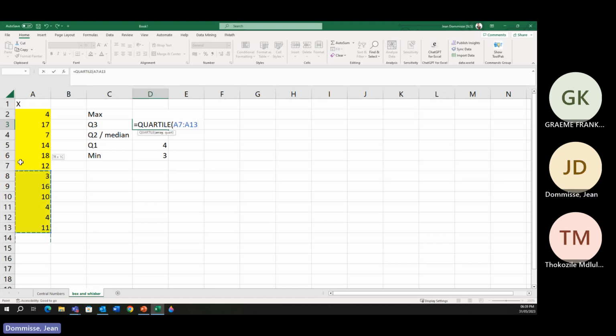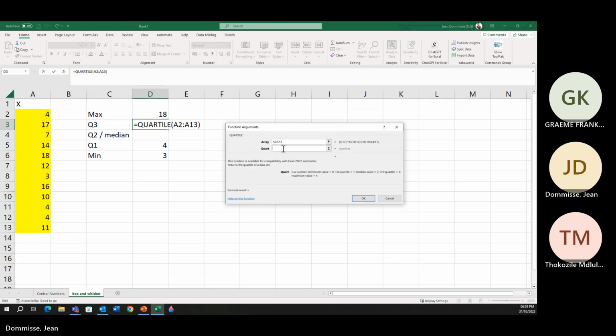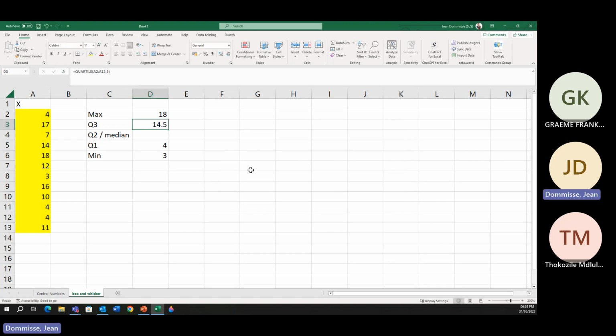So again, looking at that, put in 3, it is 14.5. So again, if you need to round it off, look at what is nearly in the box and whisker. If I draw it for you, then you can round it off to 15, but else again it's fine to keep it at 14.5.